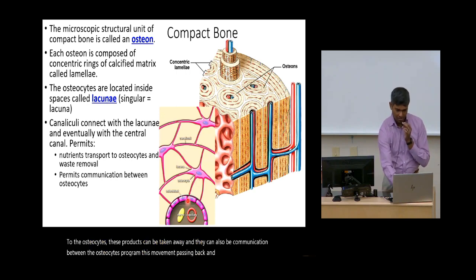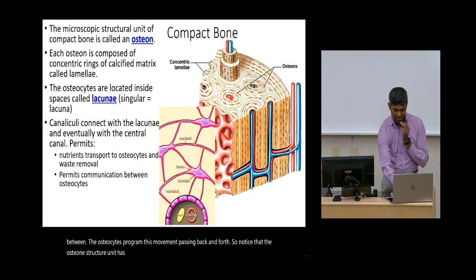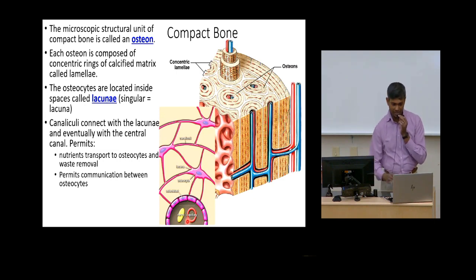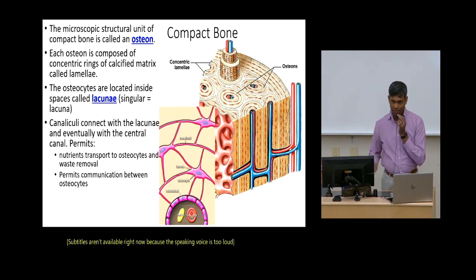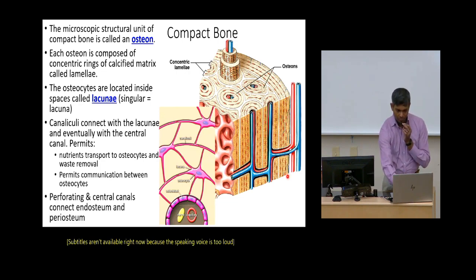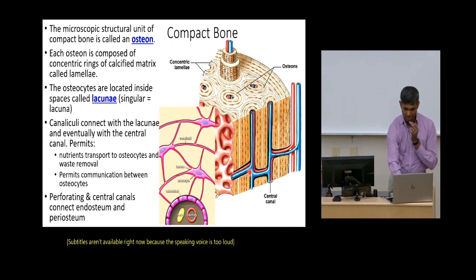So notice that the osteon structural unit has got this central canal in the middle where you have blood vessels, nerves and lymphatic vessels flowing through, and all of these are interconnected through this fluid system pathway. We notice that also there are these canals which are going to be found in perpendicular.